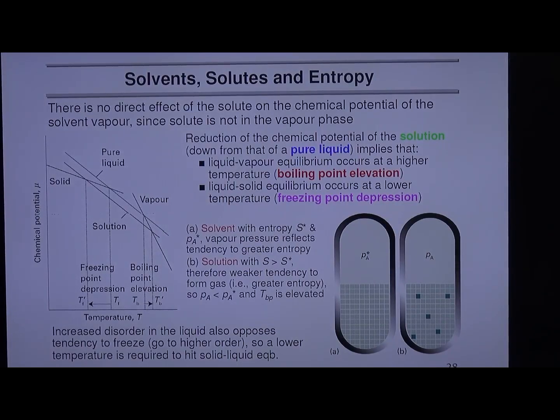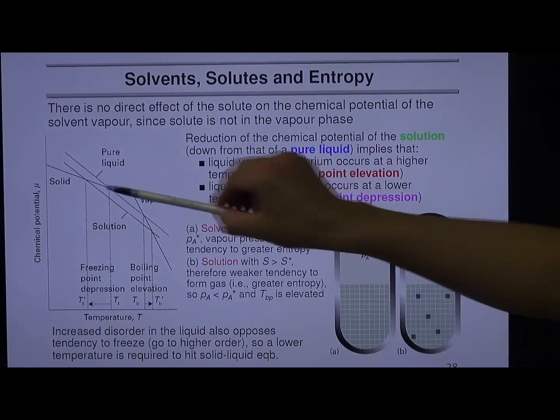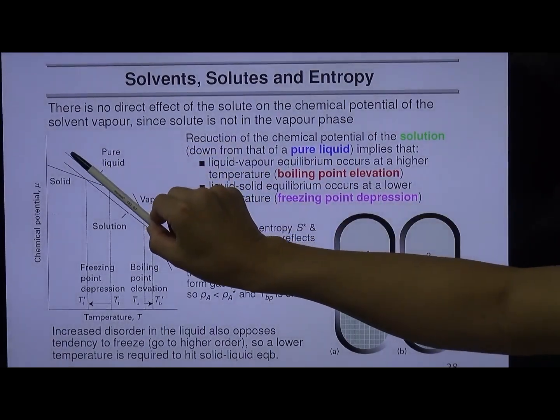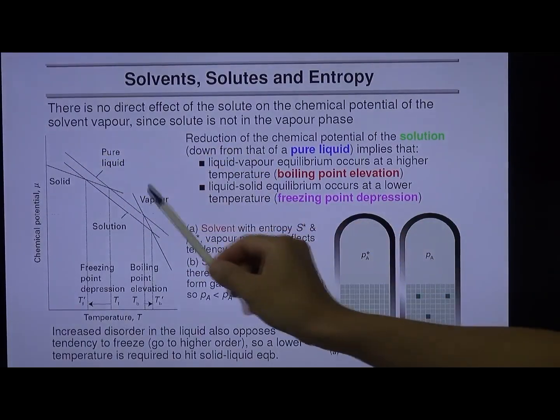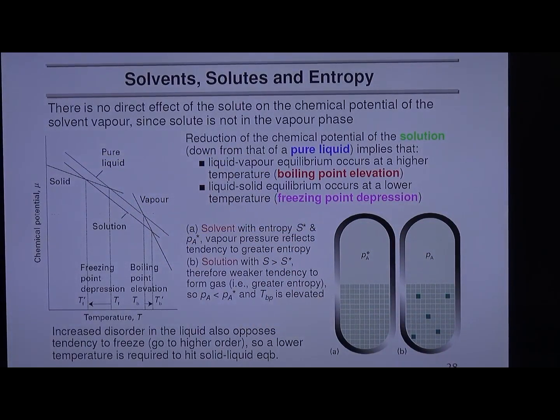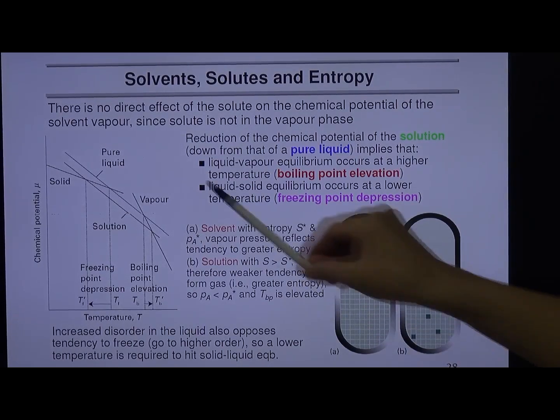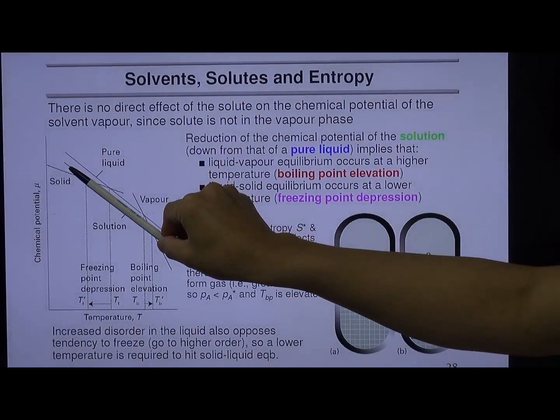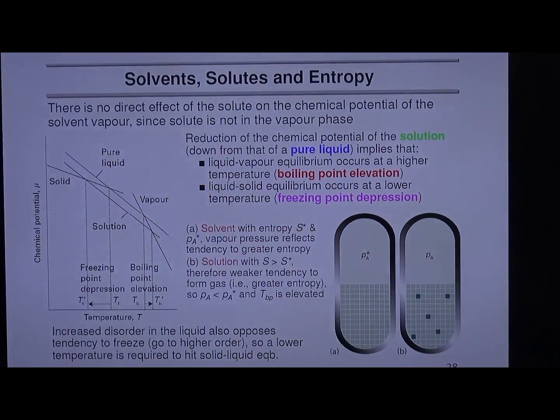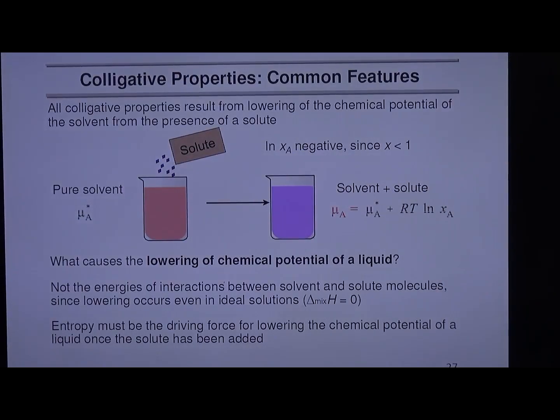Let's say that as pure form, as pure state of a certain material, they have this chemical potential: solid, liquid, as this blue line, and vapor. Okay. And if you put some solute, non-volatile materials, into this solvent, the chemical potential of liquid is lowered, right? As we have seen here, okay?